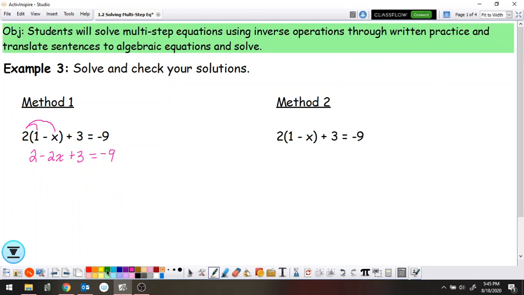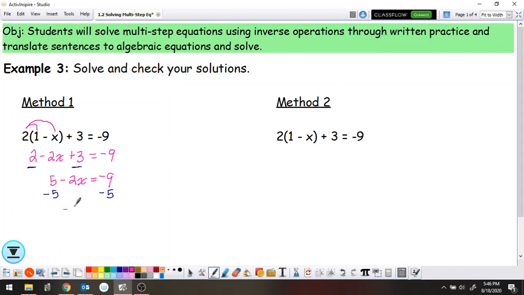And then we have like terms, the 2 and the 3 that can be combined. So that becomes 5 minus 2x equals negative 9. Now our whole goal is to get the x by itself, so we need to undo the 5, and because 5 is positive, we're going to subtract 5 from both sides.